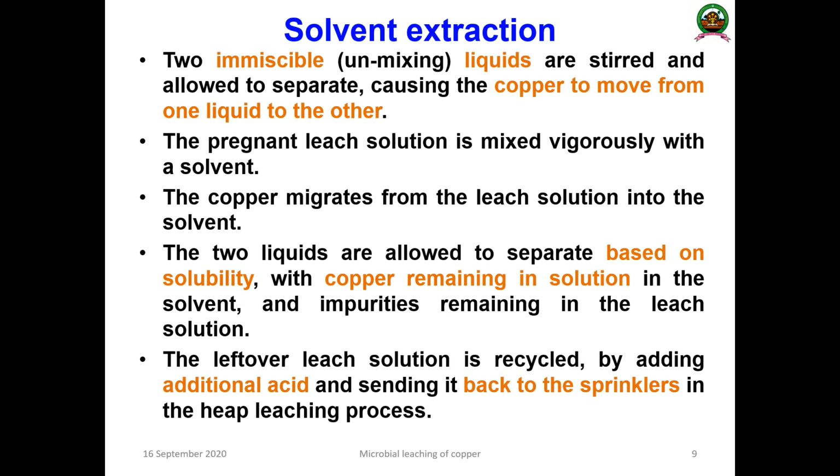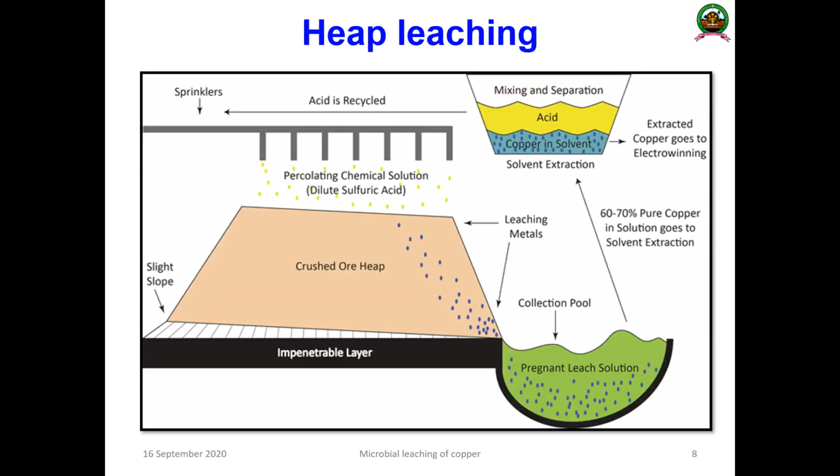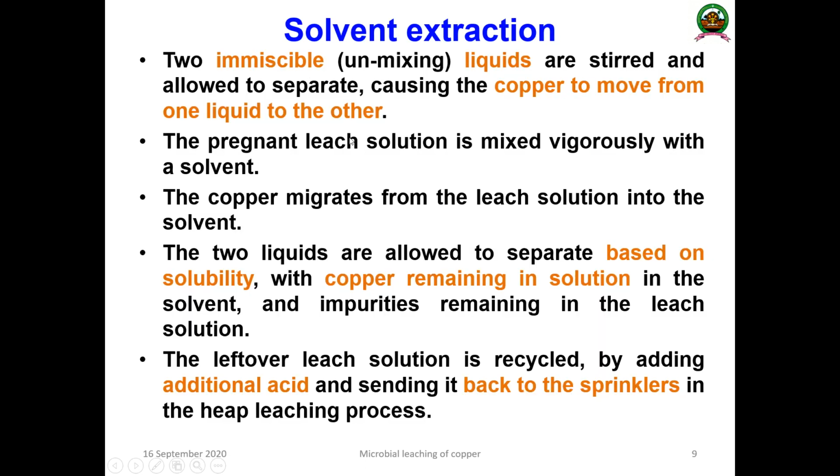Two immiscible liquids are stirred and allowed to separate, causing the copper to move from one liquid to another. As we can see here, this is the copper in the liquid, in a mixing solution.